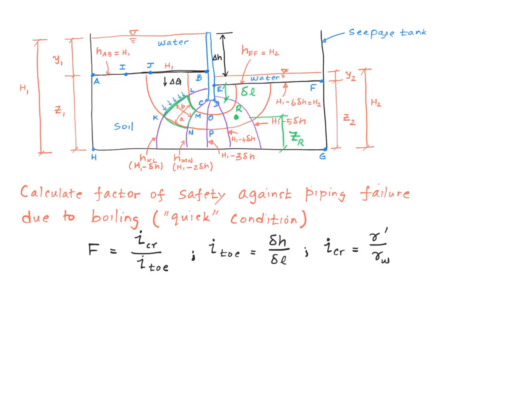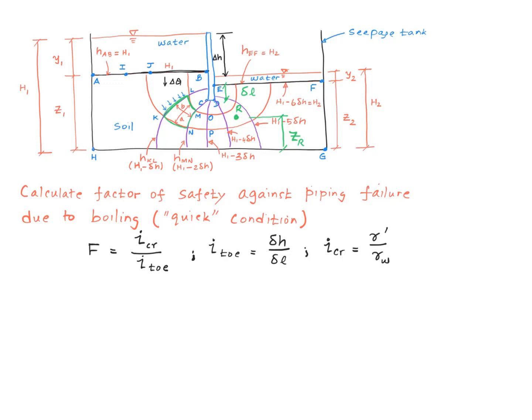I toe here is the hydraulic gradient in this toe region, which can be approximately calculated using this equation, where I toe equals delta H, which is the head difference between two adjacent equipotential lines, divided by this distance, delta L. I critical is the critical hydraulic gradient. That is the hydraulic gradient at which boiling would take place.